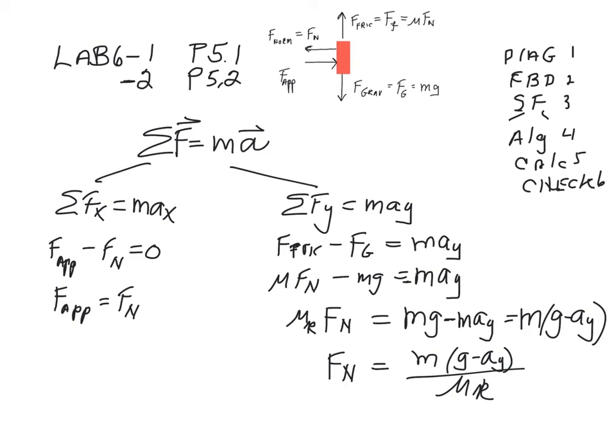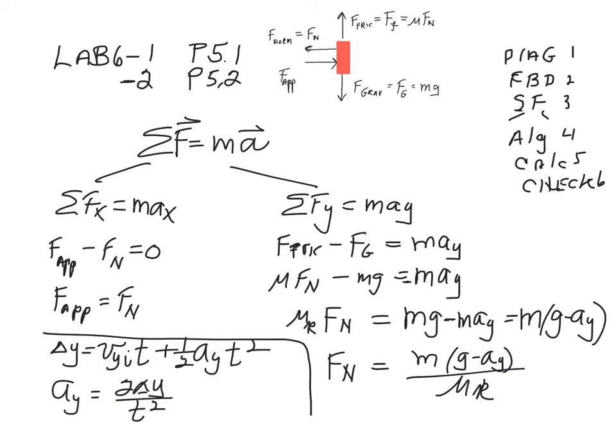Okay, now we want to get the a_y. That's a kinematics problem. Go to your equation sheet, second row, top, look at the four kinematics equations, and pick the one that you think will be appropriate in solving for a_y in this problem, and then come back.